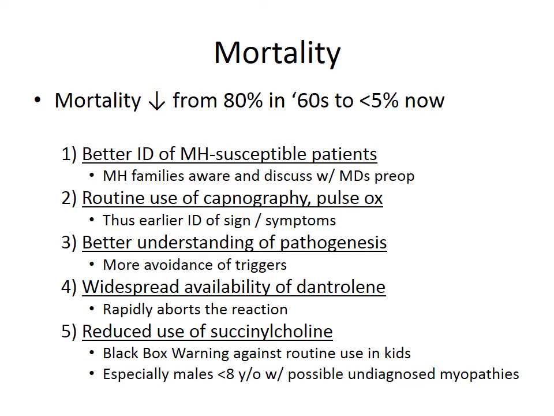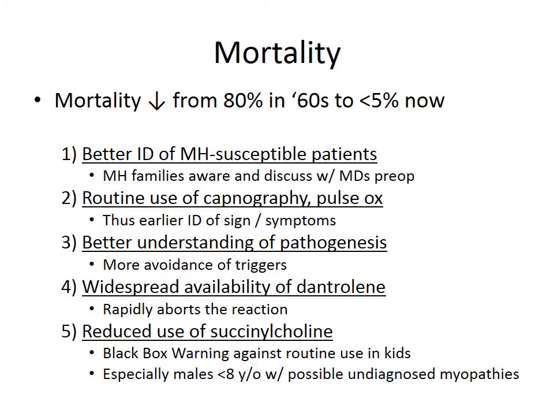4, widespread availability of the treatment for MH, which is dantrolene. And the beauty of dantrolene is that it readily aborts the reaction. The next is that we have steadily reduced the amount of succinylcholine in pediatric anesthesia.